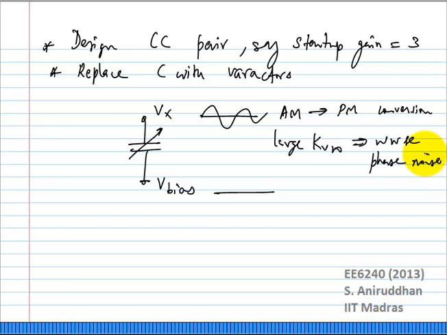So if you have a large varactor, you have a large KVCO, it causes worse phase noise due to AM to PM conversion. Don't have a large varactor, right? Very simple. But if you don't have a large varactor, you don't get that amount of tuning range. So the way to fix this problem is you take your overall capacitance, you have some varactor capacitance, and I'll call the other CSW, which is a switched capacitance. In other words, instead of having a continuously tunable, analog tunable capacitance, the analog tunable capacitance needs to be only very small, because why do you need a tunable capacitance in the first place inside the VCO?